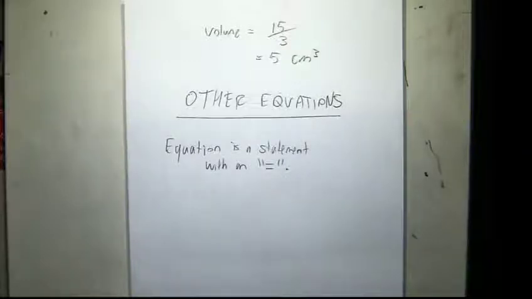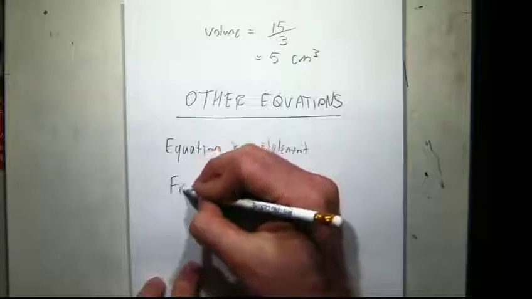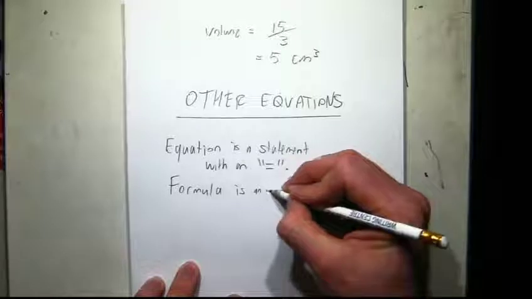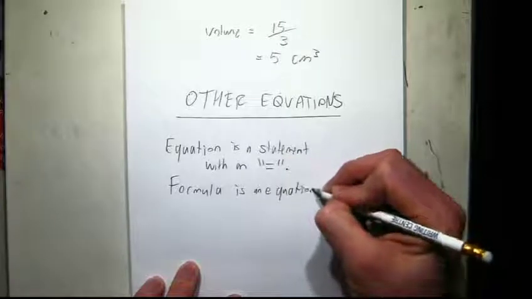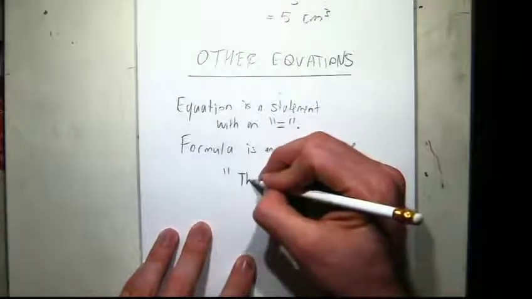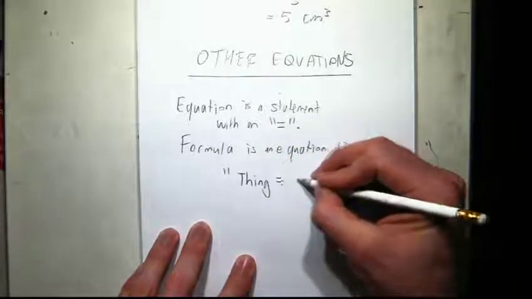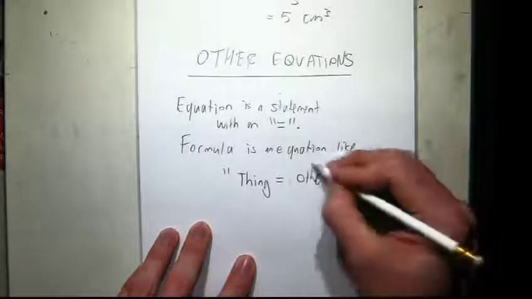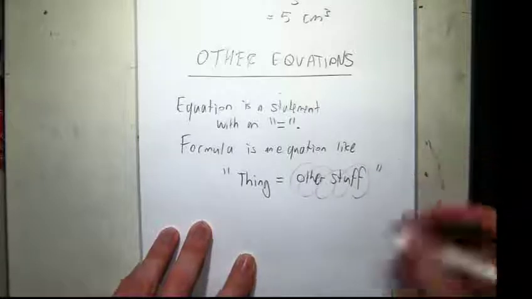So a formula, on the other hand, is a particular kind of equation that has a single concept equals something else. So a formula will always be... and the other stuff might be quite complicated, but that's what a formula is.